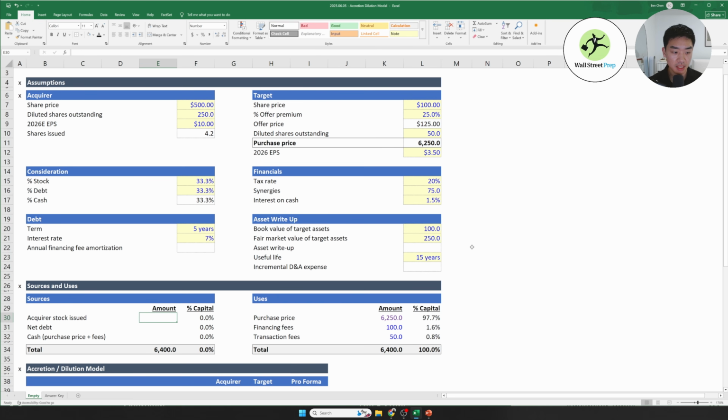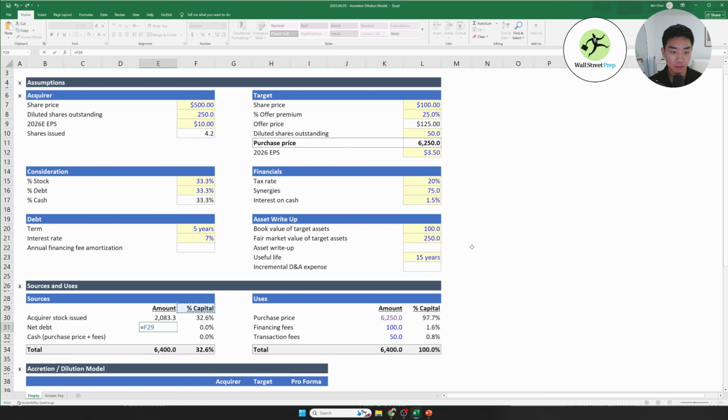So this is the 4.2 million times your share price. Oops, I divided. So you're issuing $2.08 billion. Cash, we're going to use as an input.